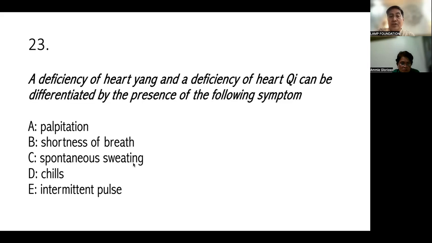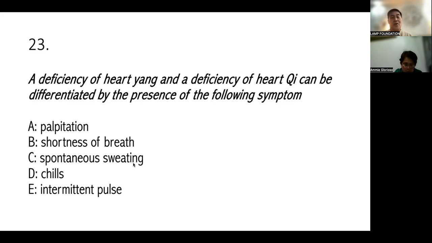Okay? So, presuming that you have a heart yang deficiency, when it comes to tongue, anong pagkakaiba po ng tongue ng heart qi deficiency from heart yang deficiency? Ano ba yung palatandaan natin sa magiging moisture ng tongue?